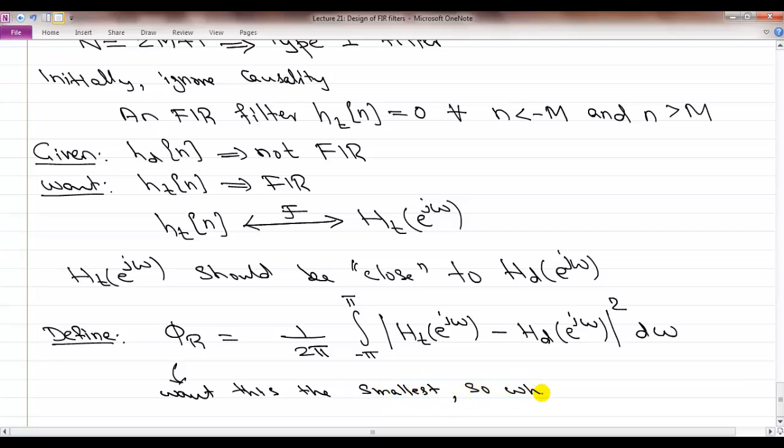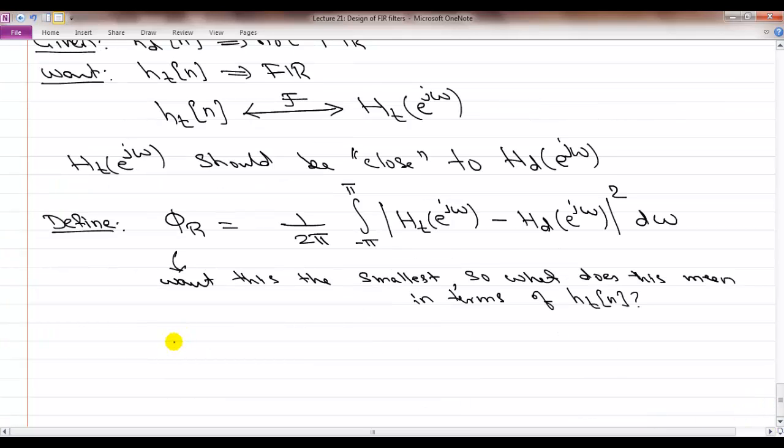So what does this mean in terms of HTN? Okay. Now for that, we'll use a property of the Fourier transform, actually two properties.